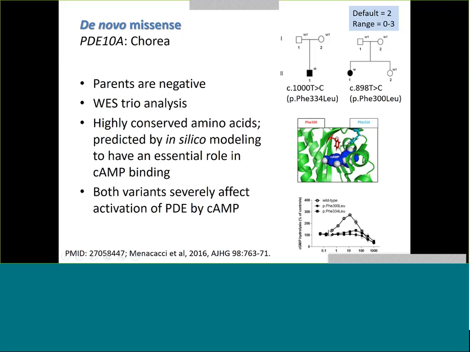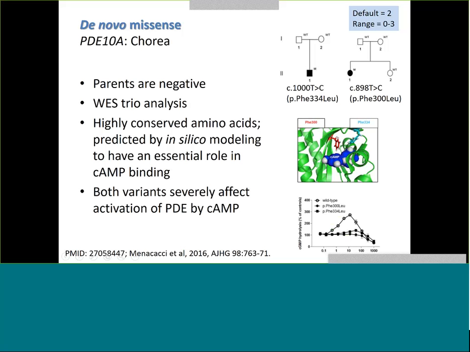So this is the wild type, and this is the mutant cells, and you can see that the hydrolysis of cyclic AMP was altered. So they certainly have the functional evidence, and in silico evidence as well.